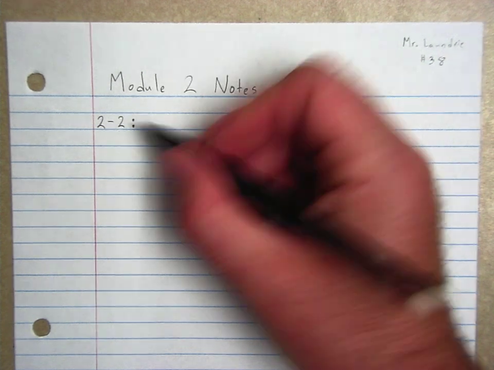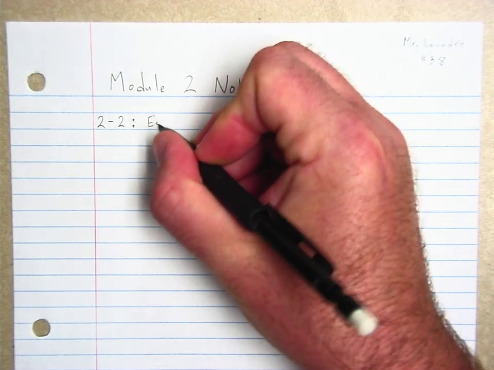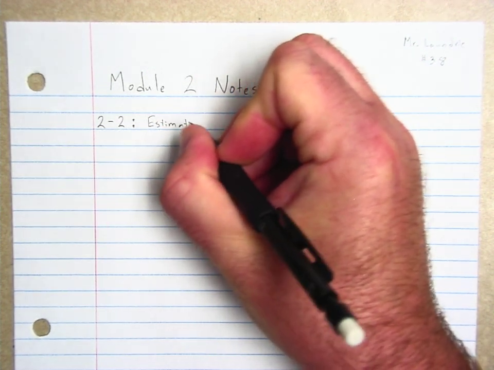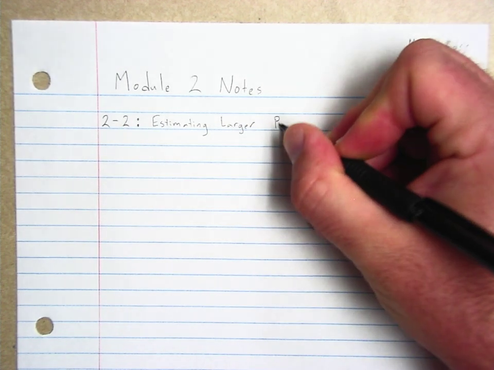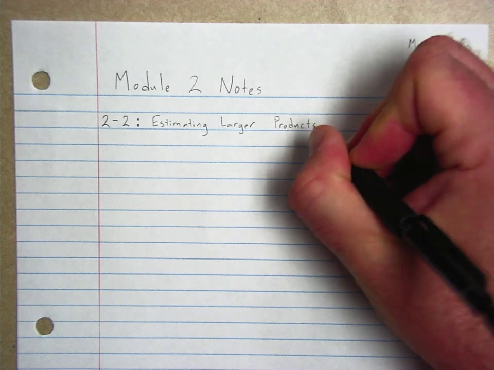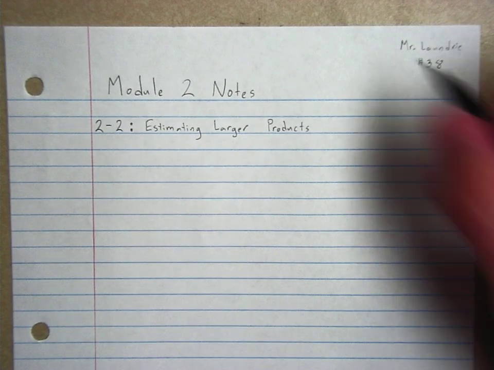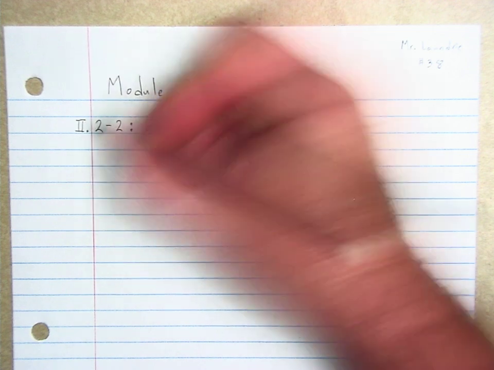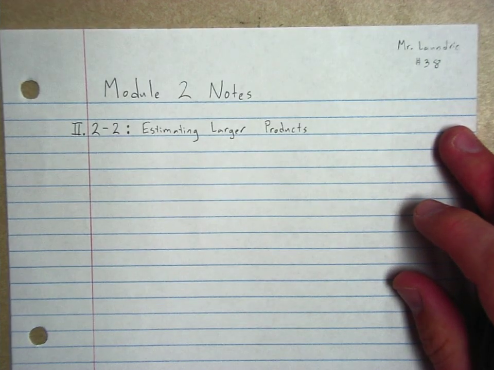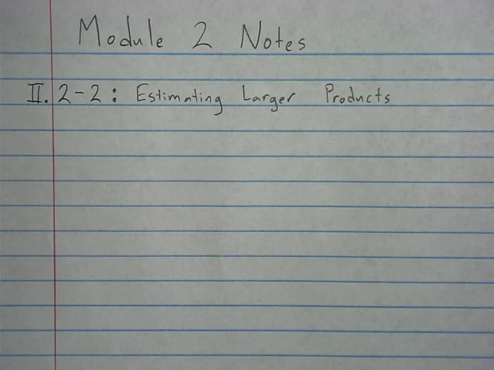For Module 2, Lesson 2, you are going to be estimating larger products. So larger products, thinking about larger multiplication problems here in Lesson 2. We've got our Roman numeral 2 right there. Someone mentioned the other day, why are we starting over? Well, again, we're in Module 2, so this is the second lesson in Module 2.